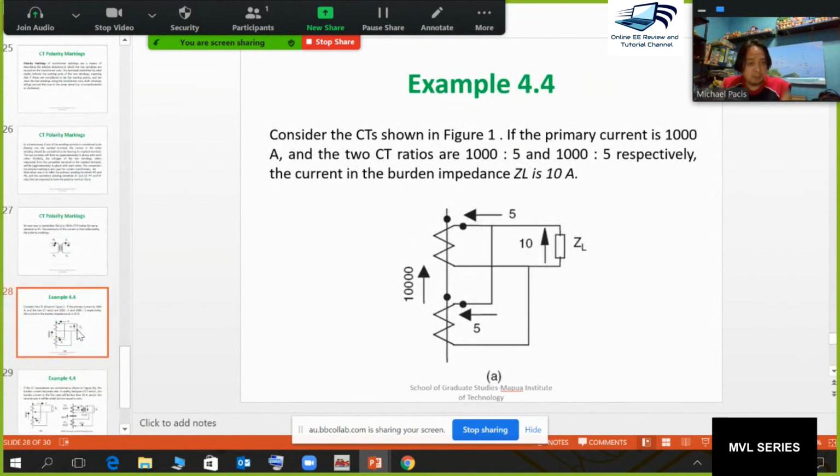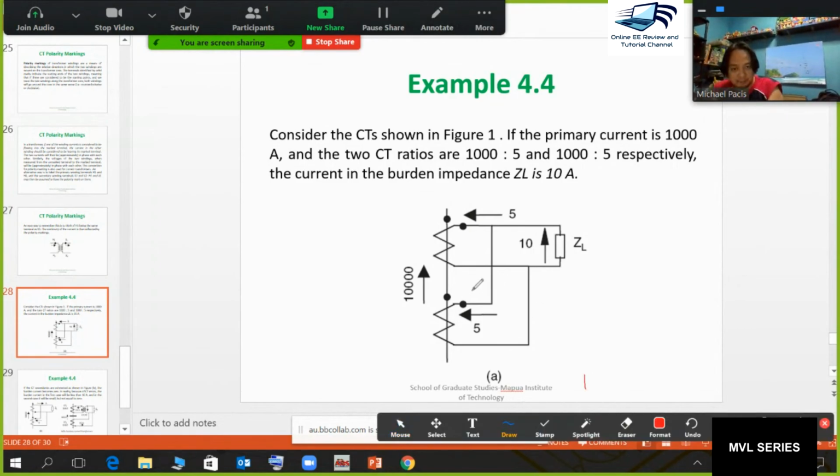Okay, we can have this example here. But anyway, our main goal here is already answered. If you have this kind of setup and you're considering the polarity marks from this example, as you can see here, the current flow will be from this point up to this point, and from this point up to this point. So the current flow is like that.